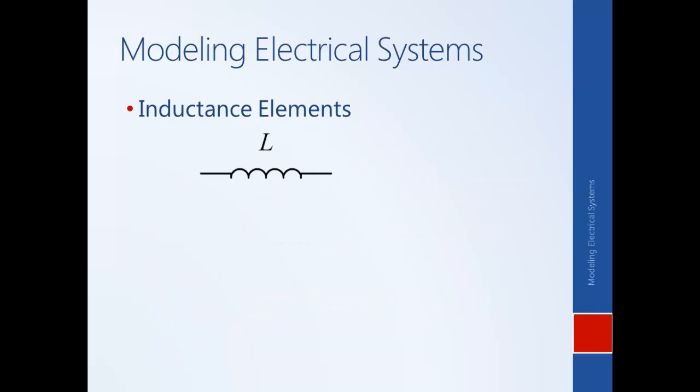Our final element that we will consider are inductance elements, or inductors. Just as the symbol for a capacitor represented its mechanical construction, the symbol for an inductor also represents its mechanical construction, or at least in its simplest form. This symbol represents a coil of wire.